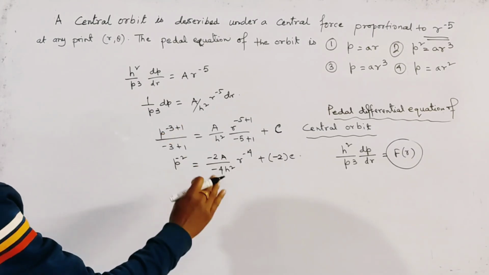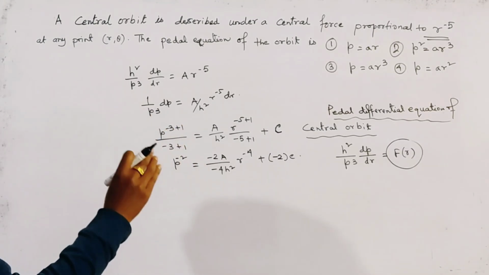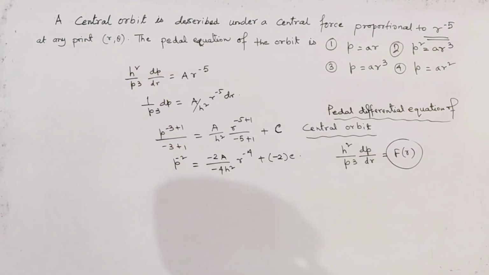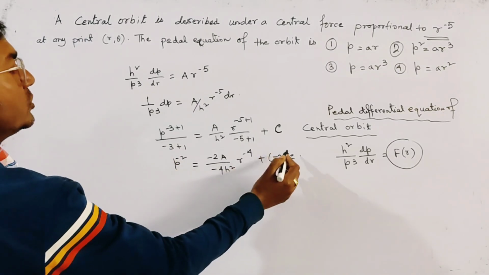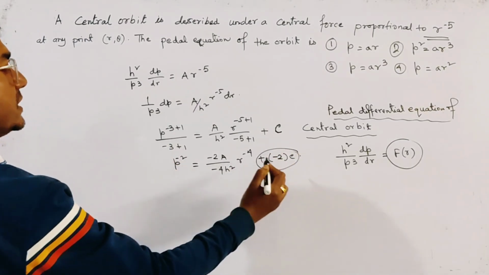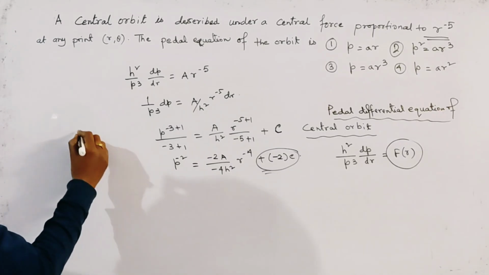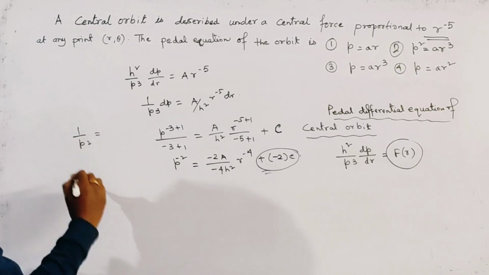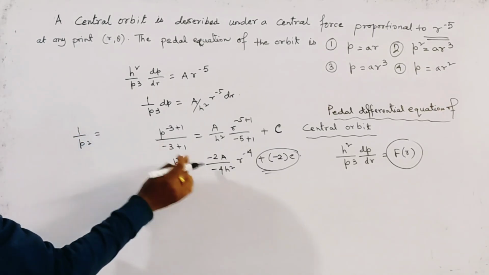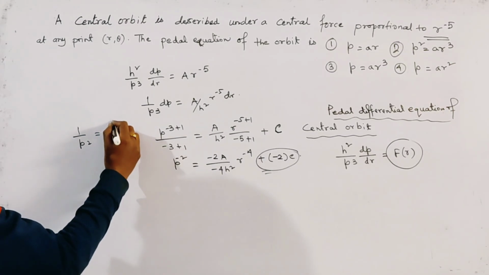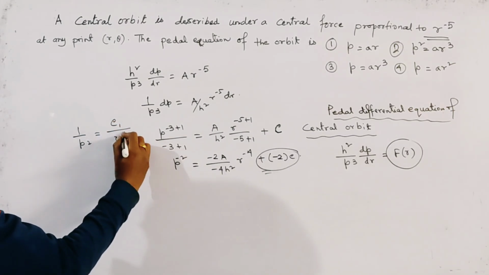And now choosing an appropriate initial condition, we may find that the constant of integration may be equal to 0. So we get the result as 1 by p square is equal to some constant, let it be c1, by r to the power 4.